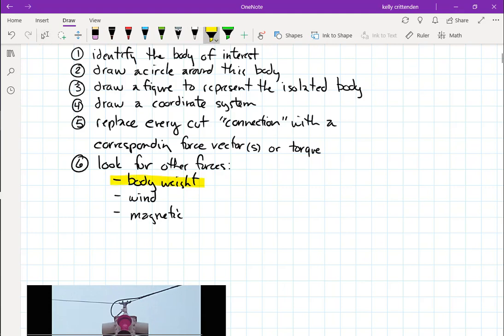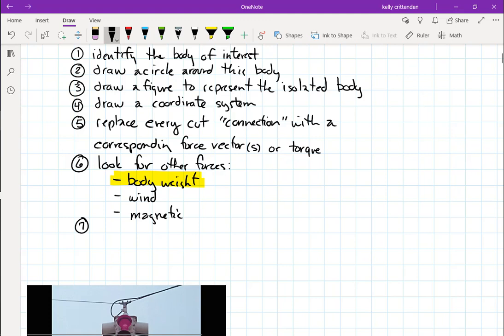A lot of times you can decide that the body weight is negligible compared to all the other forces you're dealing with, but you do have to acknowledge that body weight might be important on this free body diagram. In that case, draw an arrow, usually going straight down, depends on what you've got drawn there, but normally that's where it's going.